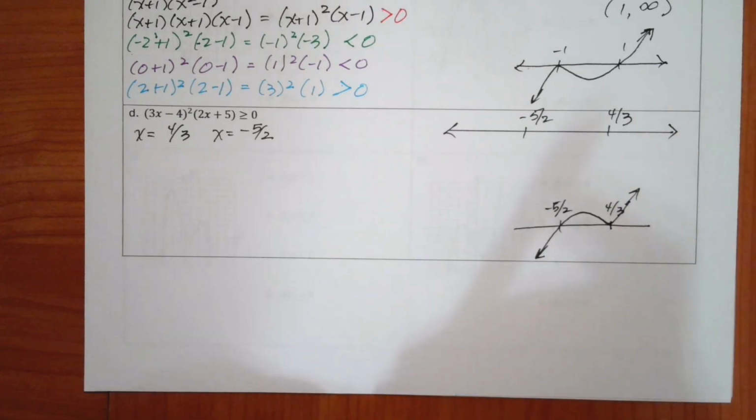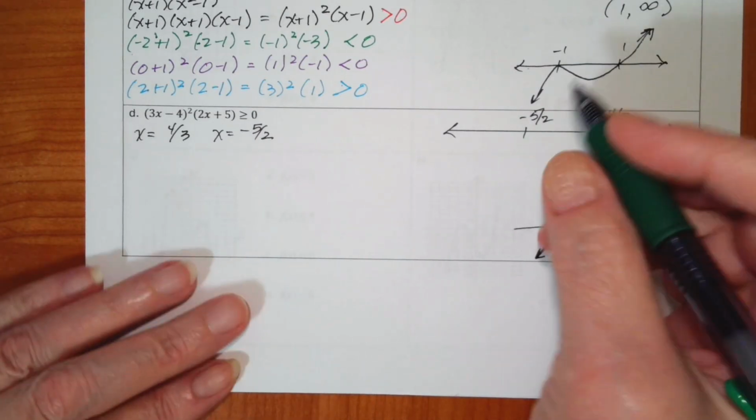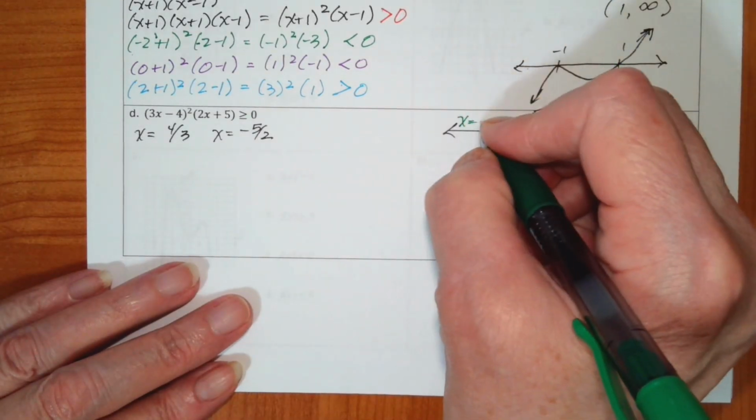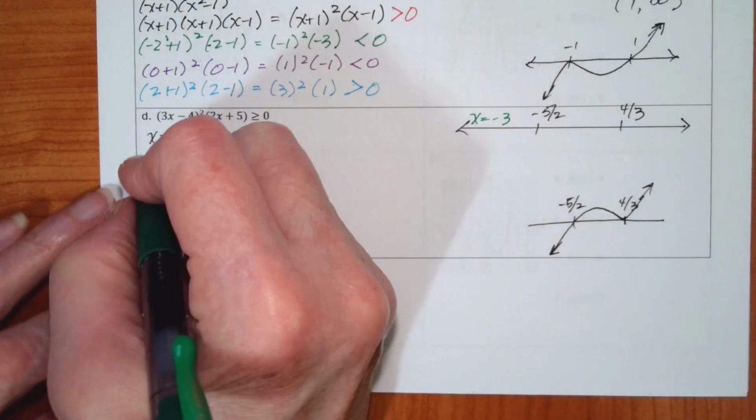So let's see if that's what happens. Okay, so -5/2 less, and so on. Let's test -3. And again, all I'm trying to do is figure out if it's positive or negative.